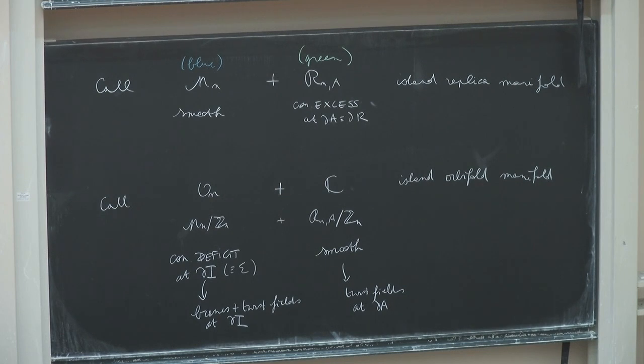Because I still want to discuss one other thing, which is in the Lewkowycz-Maldacena derivation, we have these cigar-shaped pictures with, in the end, you have the RT formula in the form that the entropy is given by the area of this Z_n fixed point sigma, the one that minimizes its area, over 4G.